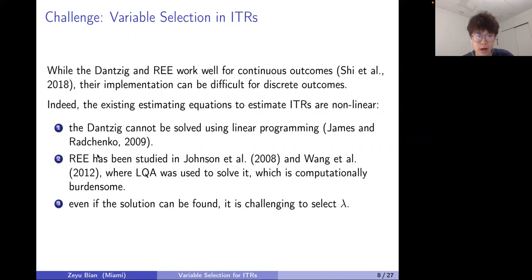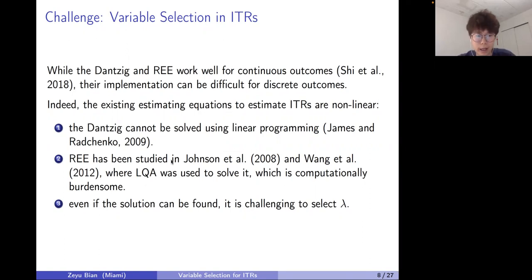And as for REE, it has been studied in several papers where they all use the linear quadratic approximation to solve the REE, which is very computationally burdensome because first, it requires the calculation of the Hessian matrix. Then it also requires the calculation of the inverse of this Hessian matrix. So it will take a lot of time to calculate in a high dimensional setting.